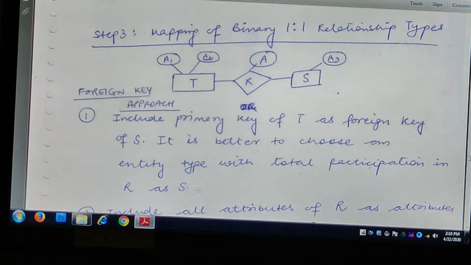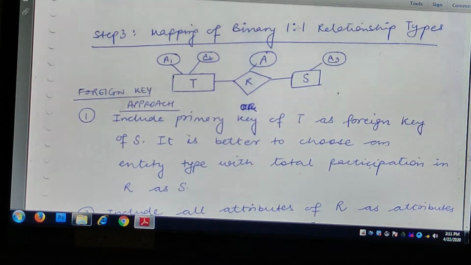This will be the primary key of dependent. Now coming to the relationship types, suppose we are having this scenario. I forgot to draw a double line here. We are assuming that this is a total participation. If this is the total participation, what I need to do is decide which primary key will be considered as foreign key.